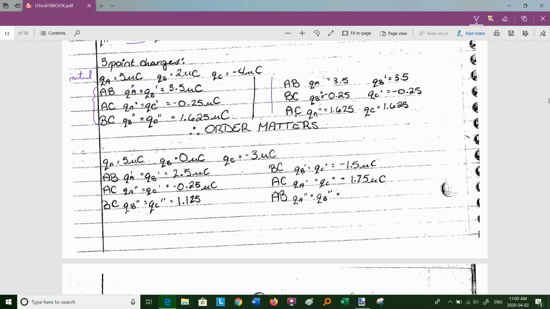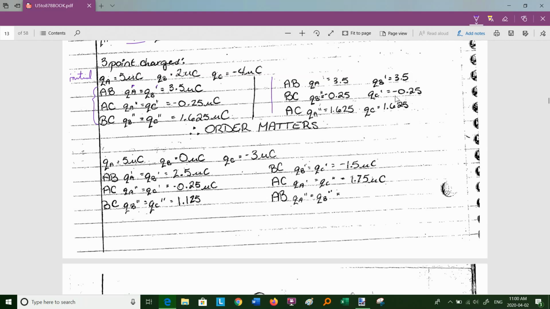Now if I did it in a different order, I go A, B, B, C, A, C. So A and B together, 7 divided by 2, 3.5, 3.5. Then B and C, so that's 3.5 and -4, so it's -0.5 divided by 2, so -0.25 on each.